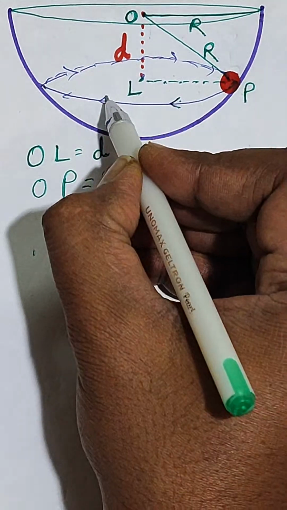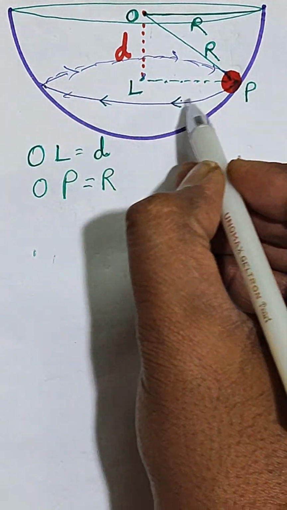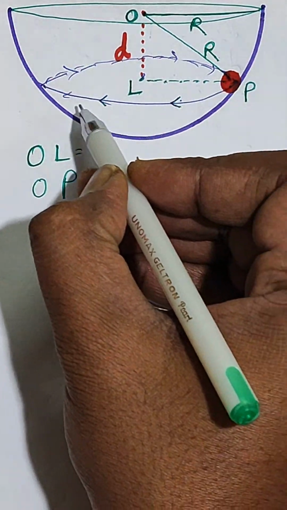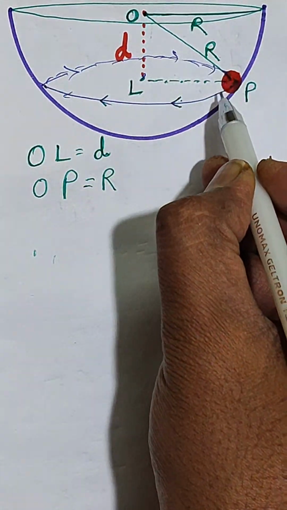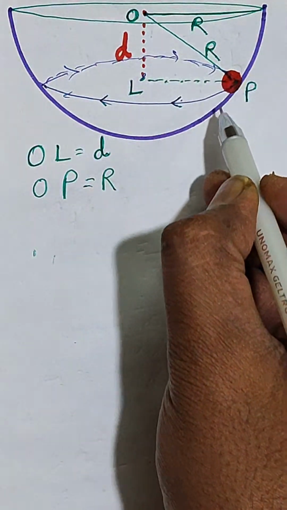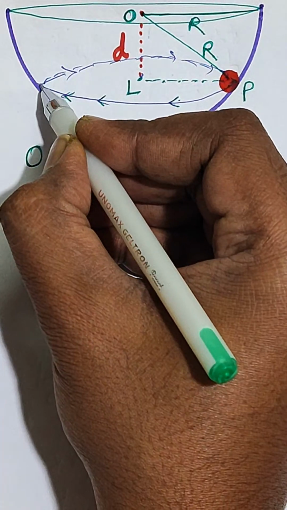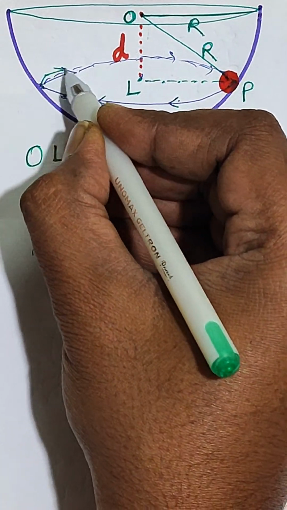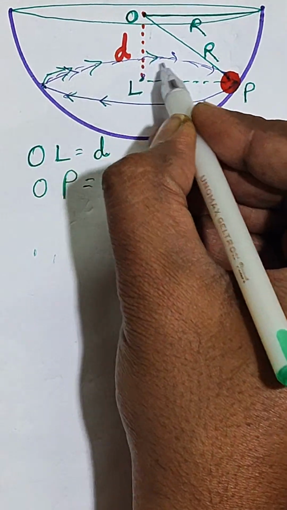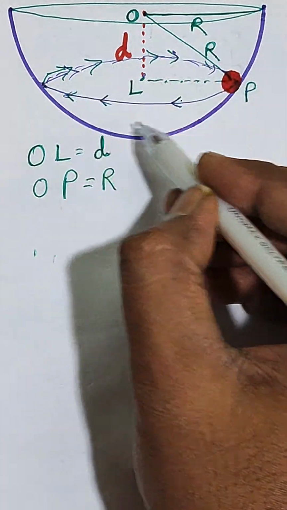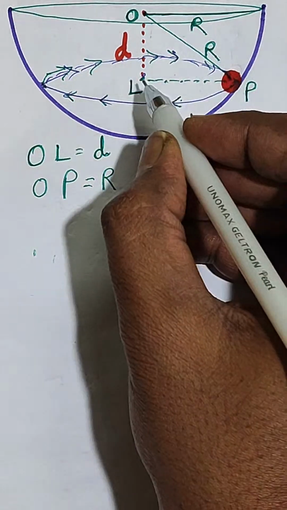When I draw this blue line, think of the particle as sticking to the inner surface of the bowl. So the particle keeps rotating, touching the wall again and again, like this.